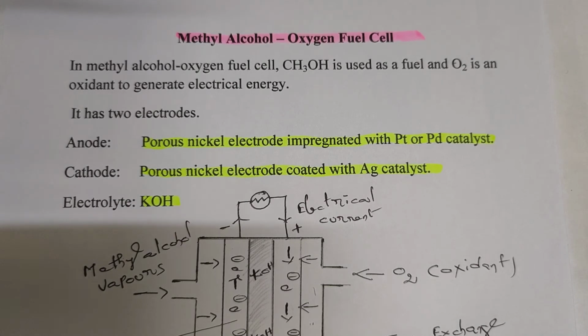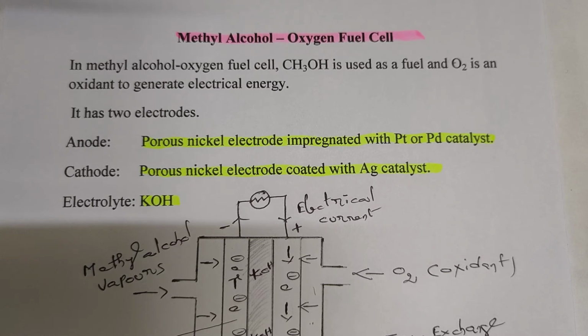So what are the advantages of the methanol oxygen fuel cell? The first advantage is that methanol oxygen fuel cells are stable at all environmental conditions and easy to transport. They do not require complex steam reforming operations.